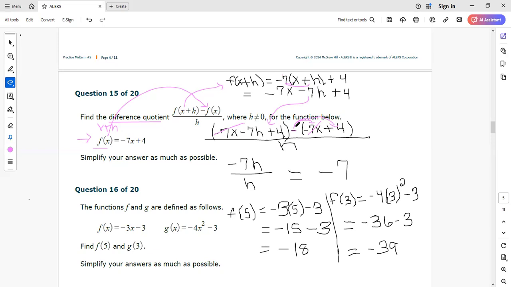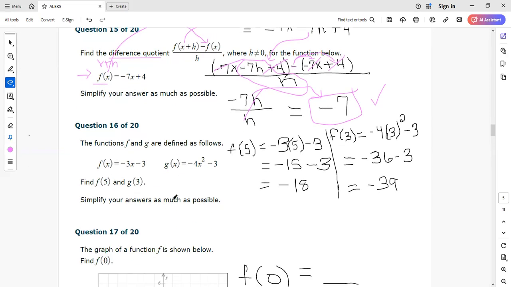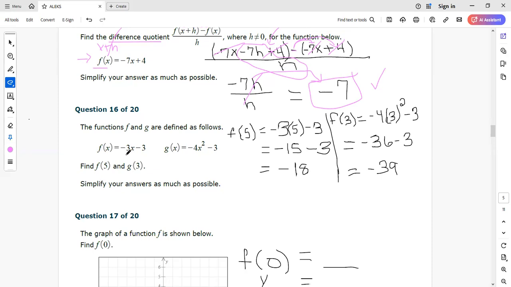Minus times that 4 becomes a -4, which cancels with the +4. So we're left with the -7 over h. The h is canceled. And so our answer is -7. That's our difference quotient.